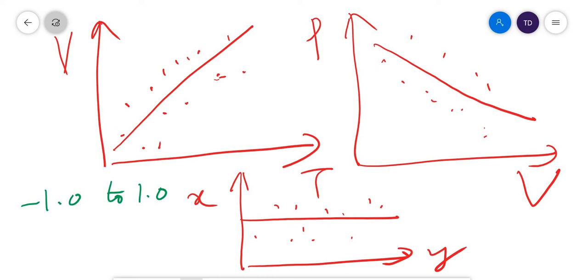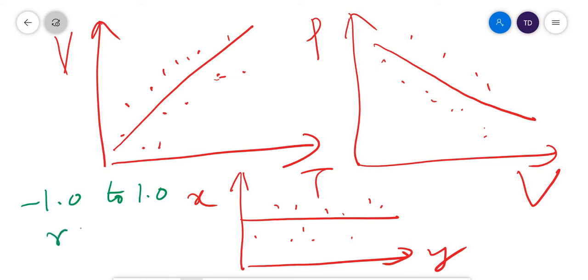When you calculate the Pearson correlation using the formula that I will be discussing later, if your value is greater than 1.0 or less than minus 1.0, it means that there is an error. So the Pearson correlation must be between minus 1.0 and 1.0.